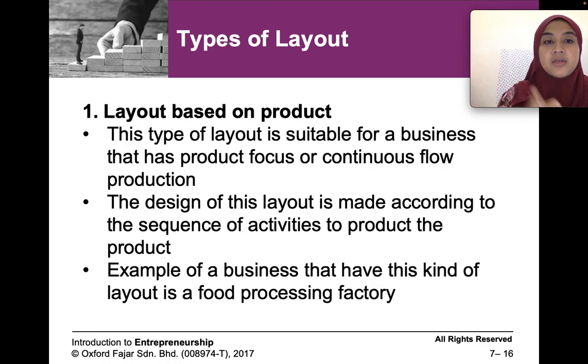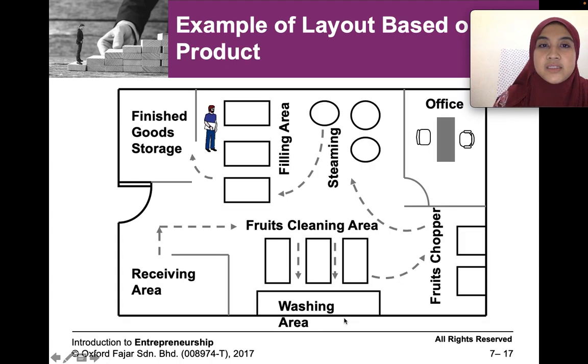Layout based on product is suitable for product that has continuous flow of production. So maknanya the product doesn't need to wait for a certain part. In order to produce the product, they must go through the sequence. That is why a suitable business to use the layout based on product is a food processing factory, for example.